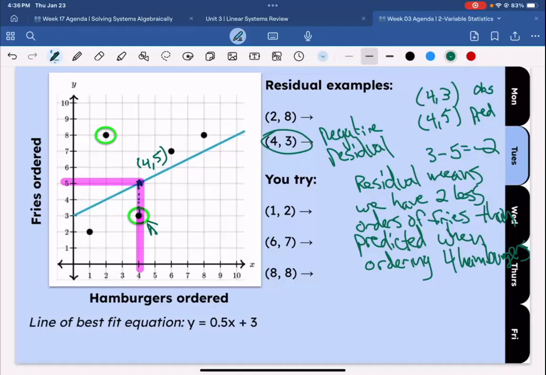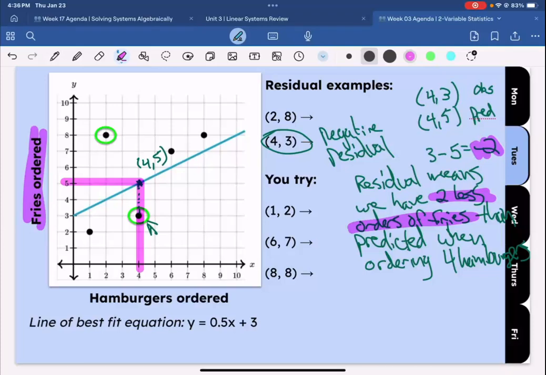If you're wondering how I know what the 2 represents, this -2 is talking about the change in y, and y is our fries ordered, which is why we have 2 fewer. That's the -2 orders of fries.